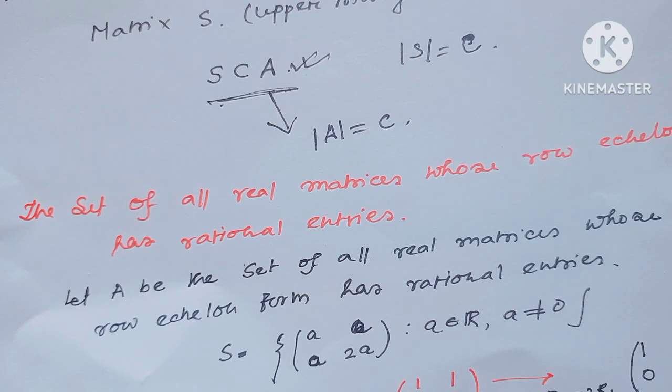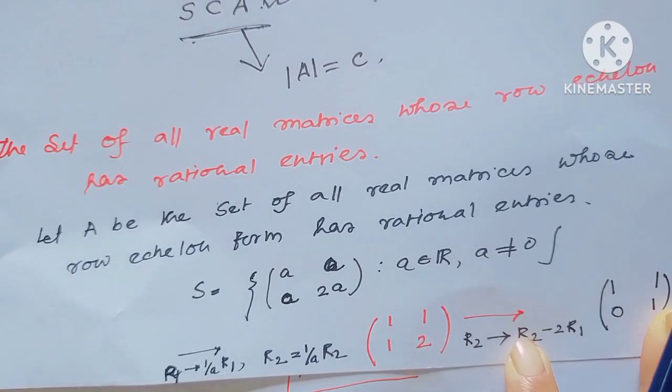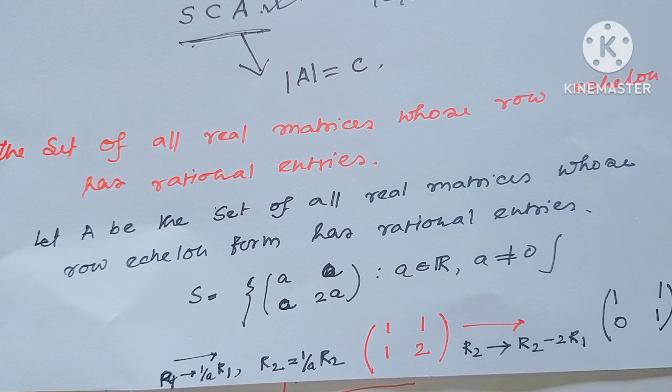Next I will see the set of all real matrices whose row equivalent form has rational entries. Let A be the set of all real matrices whose row equivalent form has rational entries. That means S contains those matrices [a, a; 2a, 2a]... where a belongs to the real numbers and a is not equal to 0.